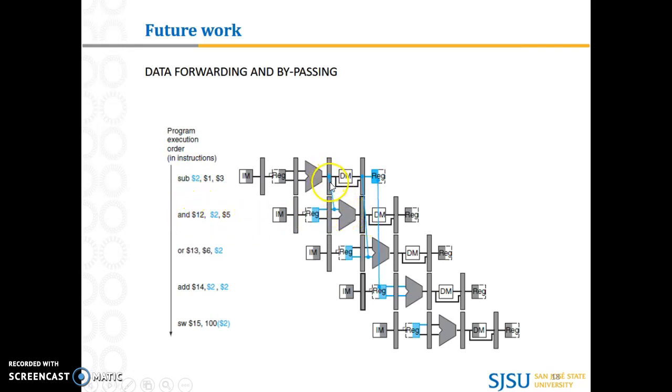Register 2 is being calculated, so it is not available until the write back stage, but we need register 2 here, so we forward or bypass the register data to the next instruction, so that it gets the updated value of register 2. So this is data forwarding.